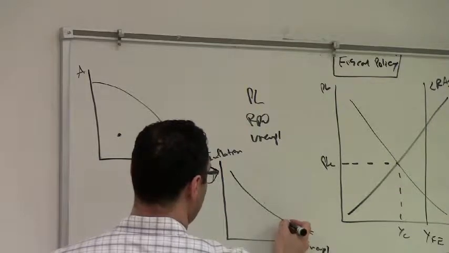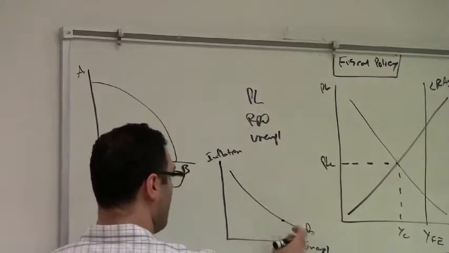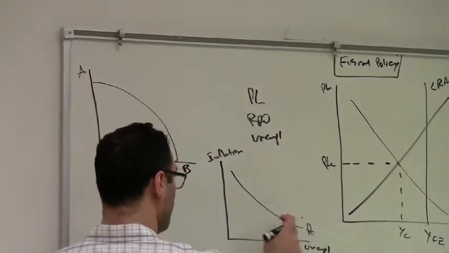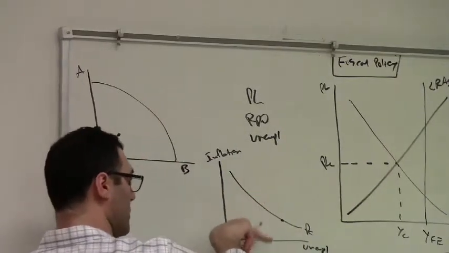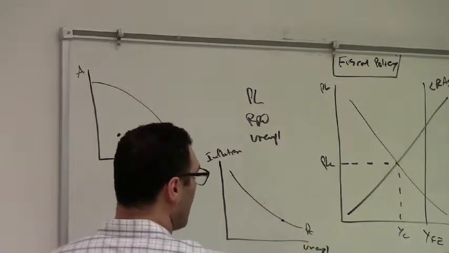I'll show it on the Phillips curve, where the current output is right here, which reflects some level of unemployment and inflation. If we're assuming that inflation is low and unemployment is high, we're right here.